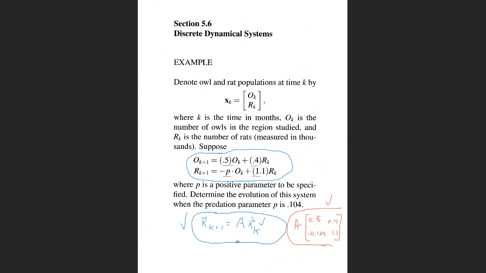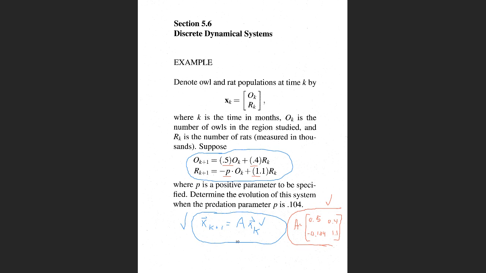Now, this problem actually is worked out in the book, and in the book, they just say, hey, the eigenvalues are this, the eigenvectors are that. We can use MATLAB in section 5.6 to help us find eigenvalues and eigenvectors.